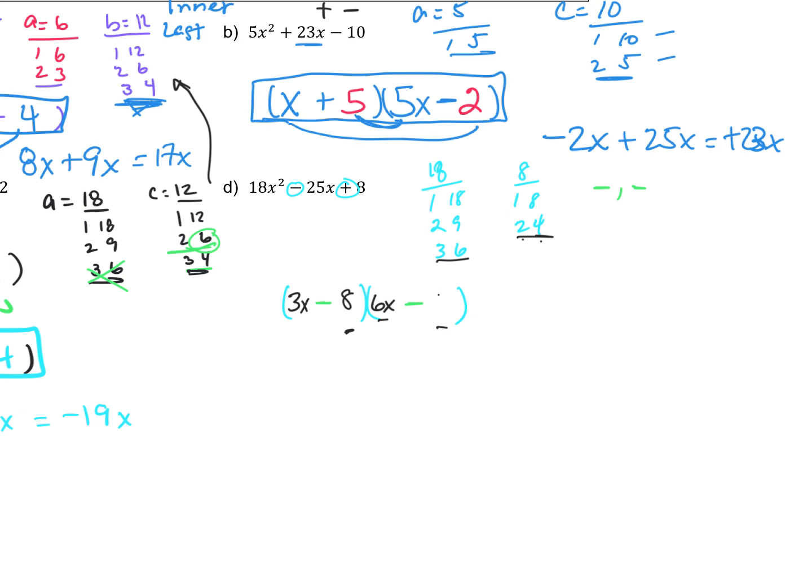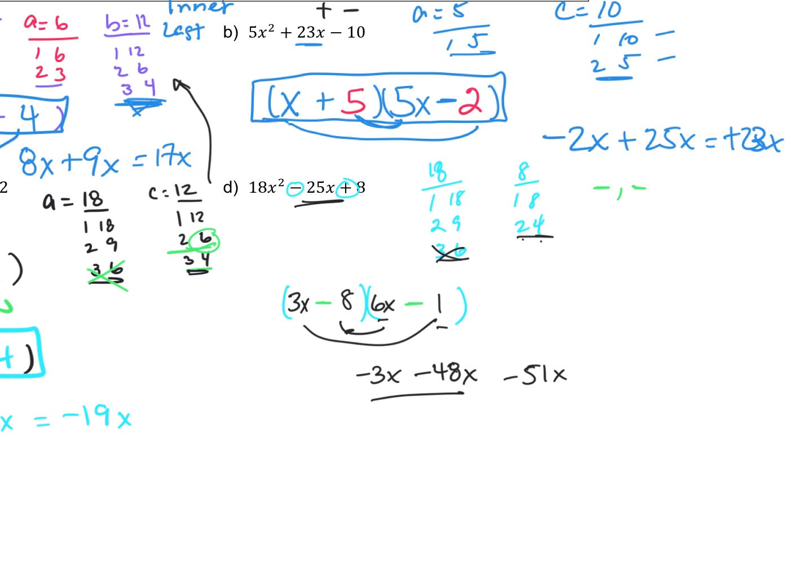So if I do 8 and 1, when I try to multiply this together, do I get this 25x in the middle? So if I do 3 times 1, that's a negative 3x. I do 6 times that, that's a negative 48x. Automatically, 3 and 48 make negative 51x, which is not 25. So I can't use this one at all because it doesn't work for either one of those factors.